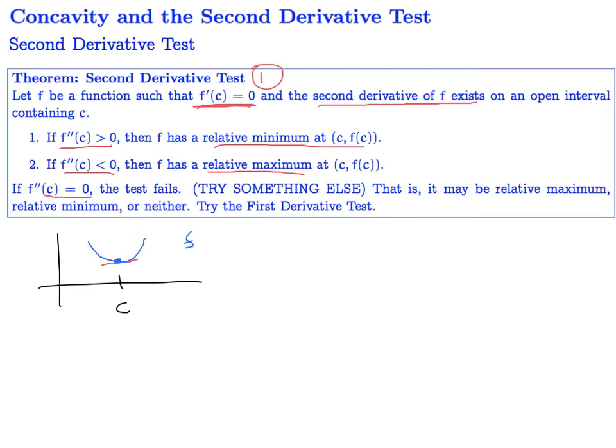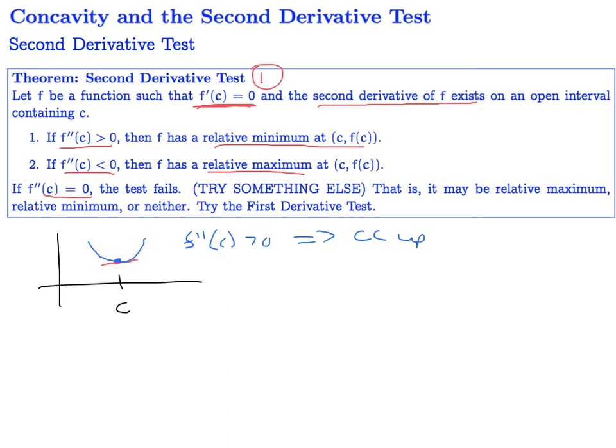So second derivative positive means concave up. Well, let's look at my graph here. I have a concave upwards graph. I have that my slope is 0. I have a horizontal tangent line here at C. Well, that certainly does look like a relative min.